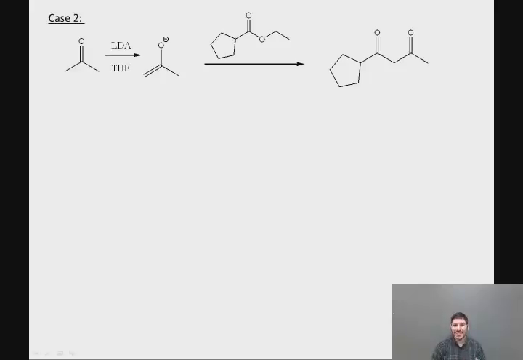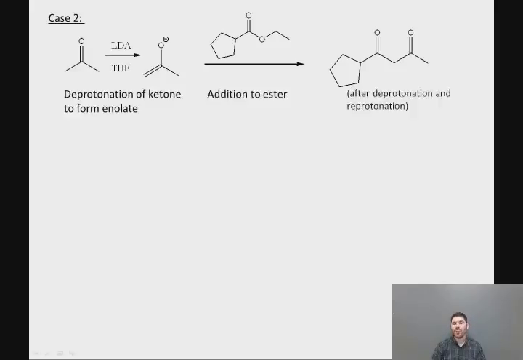So once again, the same ester that we used in the previous example, but now instead of getting a beta keto ester, we are now going to get a beta diketone. And once again, I don't have it written over the arrow, but we're going to have to do an acidic workup here because deprotonation is going to happen spontaneously under the basic conditions of this reaction, and then reprotonation will have to happen again to give a neutral product.